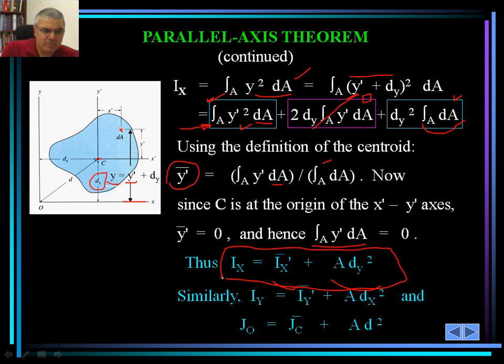We can do the same thing, of course, for moment of inertia with respect to the y-axis, and also for polar moment of inertia and other types. We can look at those in the form of examples, but the bulk of it here is that this is the parallel axis theorem, and we want to make sure we understand all these terms.